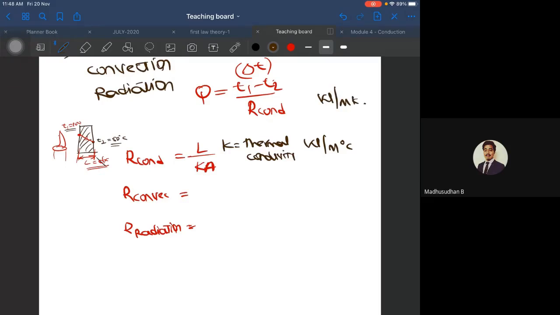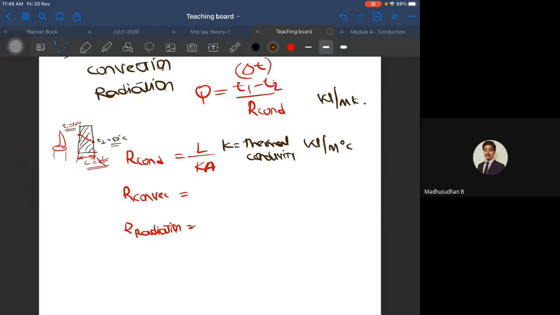That is the unit of thermal conductivity. It tells you how much heat is being conducted through the material. The feasibility of heat conduction through the material is known as thermal conductivity. That is the value of k.